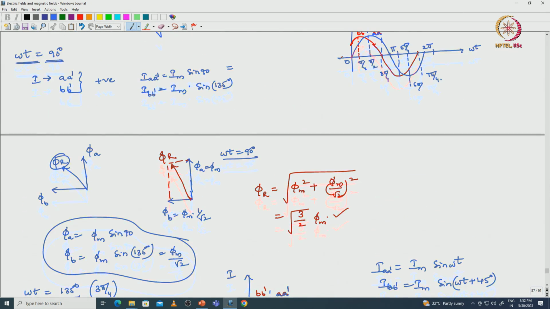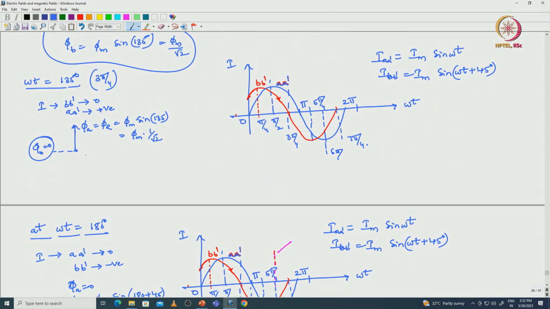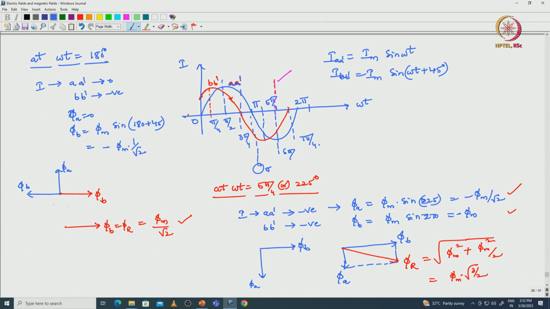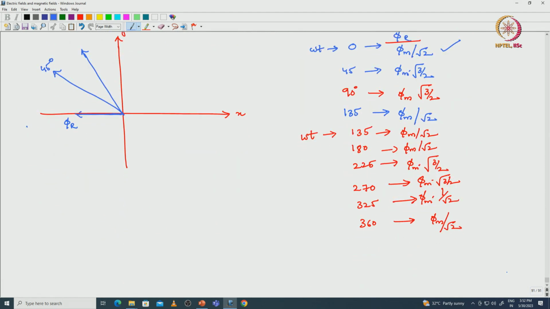If required, I will show you again. At 90 degrees we can find the resultant vector direction here. Similarly, at 135 degrees and 180 degrees, we can observe these from the analysis. At 135 degrees we see it again in this direction.